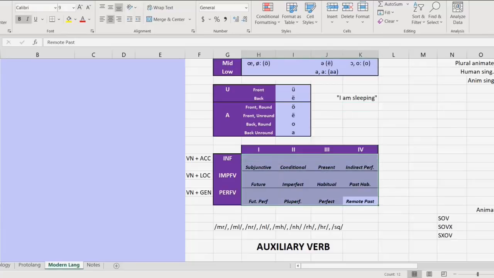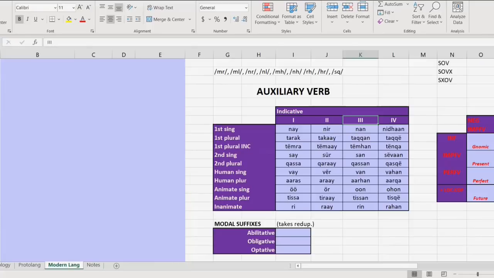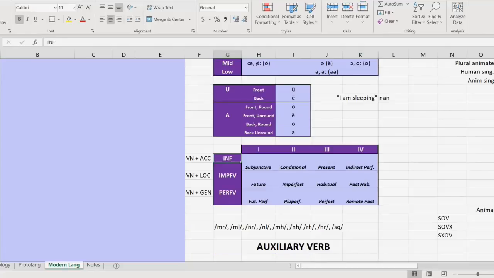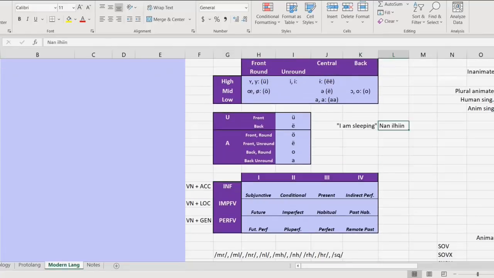Well, we look at our little tense aspect matrix here, and the present tense is formed by combining form 3 of the auxiliary with the infinitive. So form 3 in the first person singular is nan, and the infinitive form of the lexical verb, so I am sleeping, would be nan ilhin.